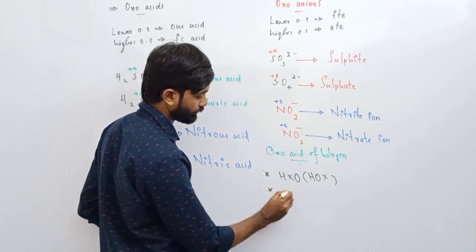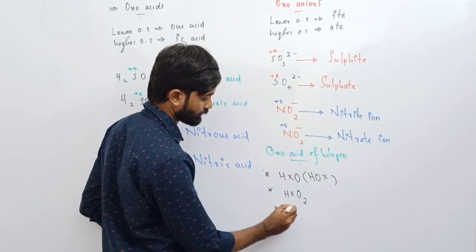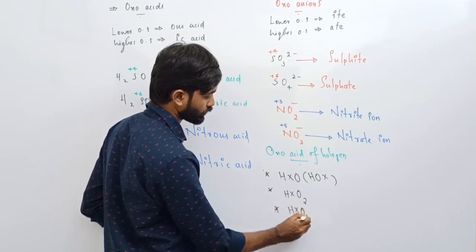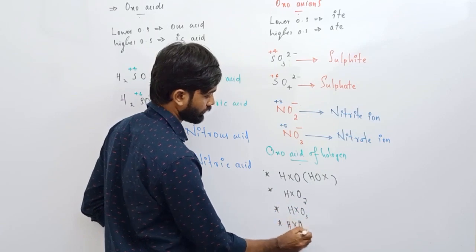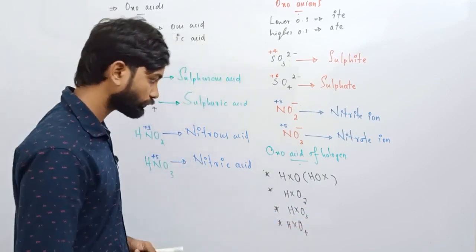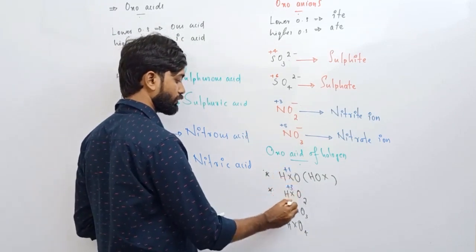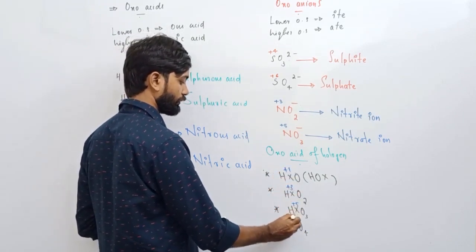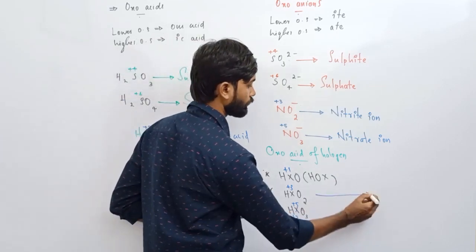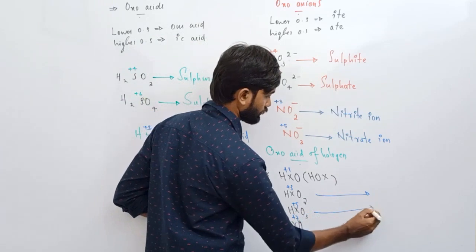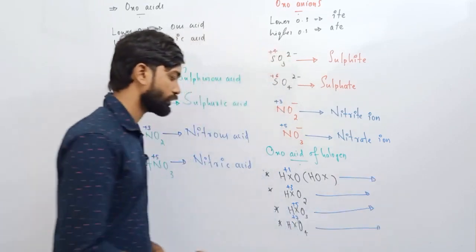The next is HXO2. The next is HXO3. The next is HXO4. What is the difference? The oxidation state of the halogen is +1, +3, +5, +7. So listen, what about the names?